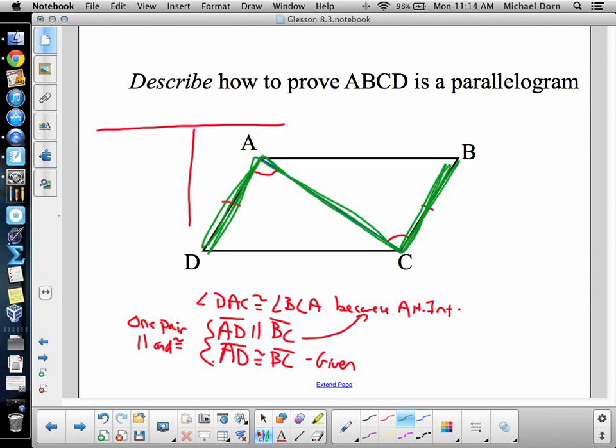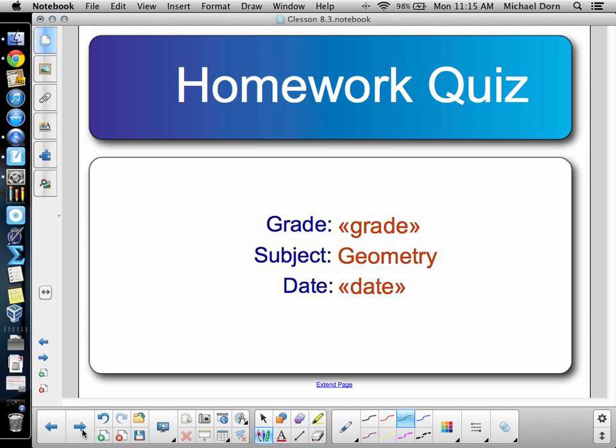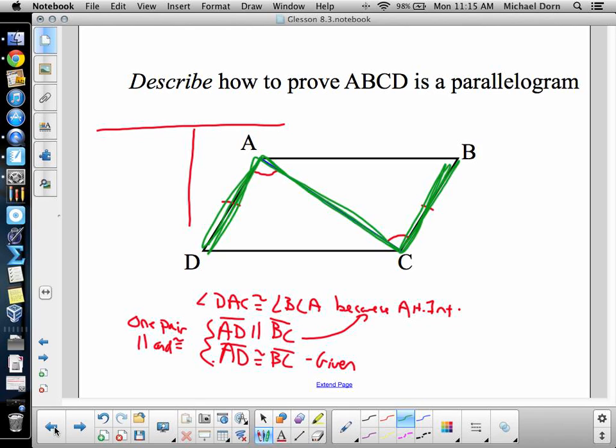The parallel sides are AD and BC. So draw in the Z if you need to. That's really all that's new today, is we're just working it backwards.